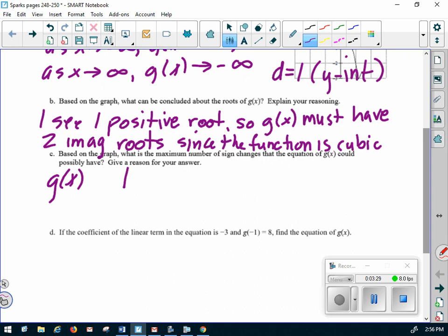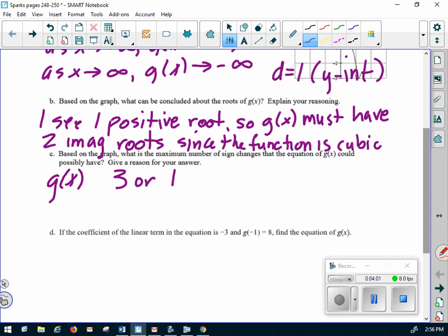Remember that the maximum number of roots, and then if you decrease that by 2 and by 2, as long as you can, those are also possible numbers of positive roots. Since this was a degree 3, it might have had 3 positive roots at maximum, but it also could have had 1 positive root, which is actually what it had.